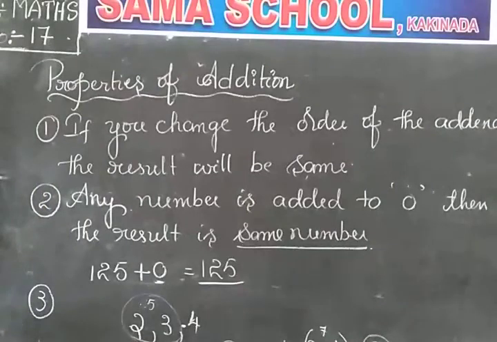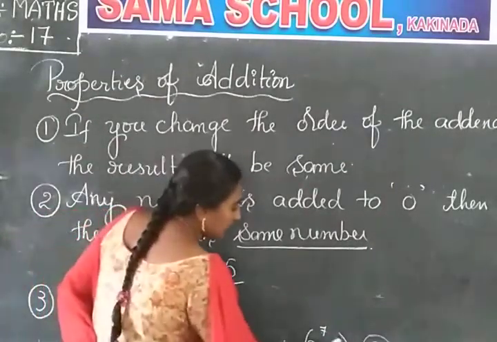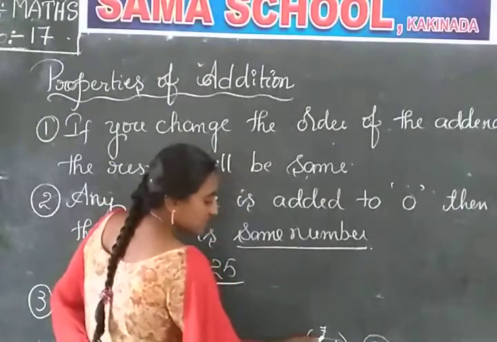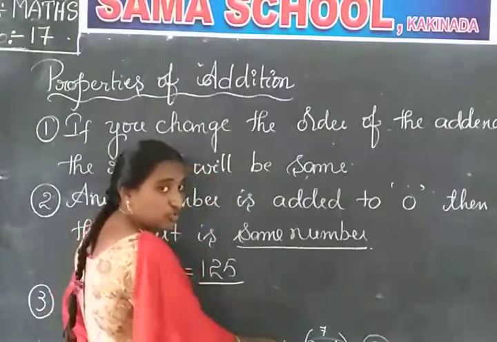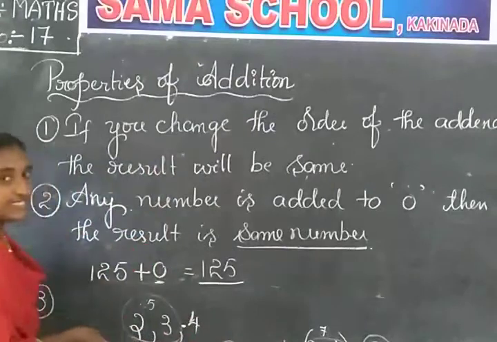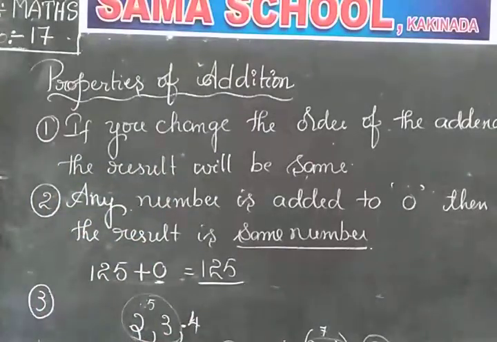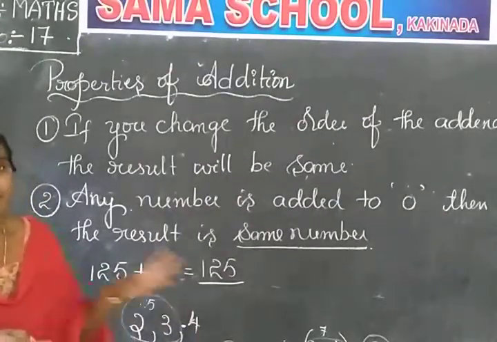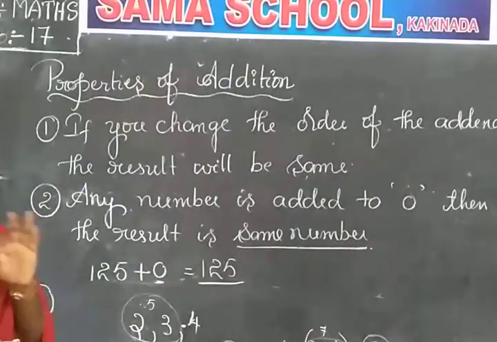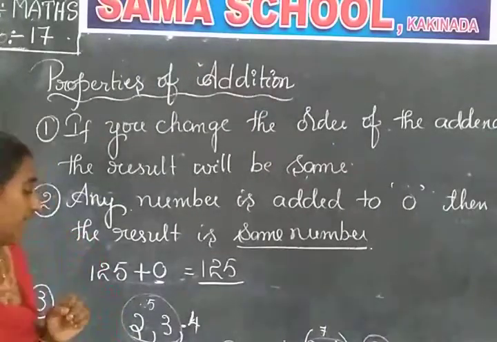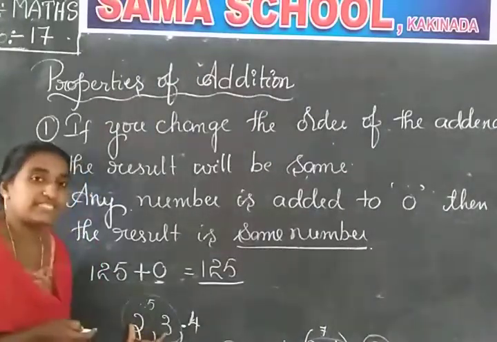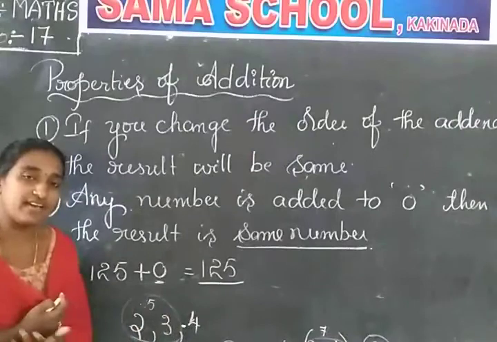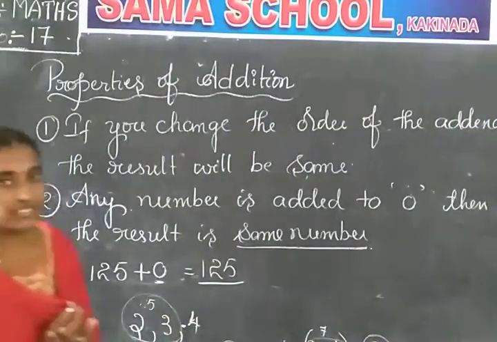See here also, the sum of two numbers, 3 plus 4 is 7. This 7 is greater than 2 only, no? So we can consider this property as the third property. What is the third property? The sum of two numbers is always greater than the third number. When you get 3 numbers for addition, the sum of two numbers is always greater than the third number. This is the third property.